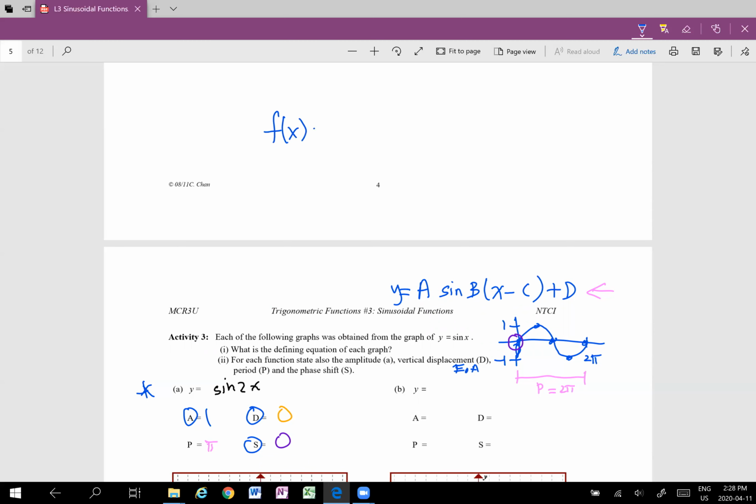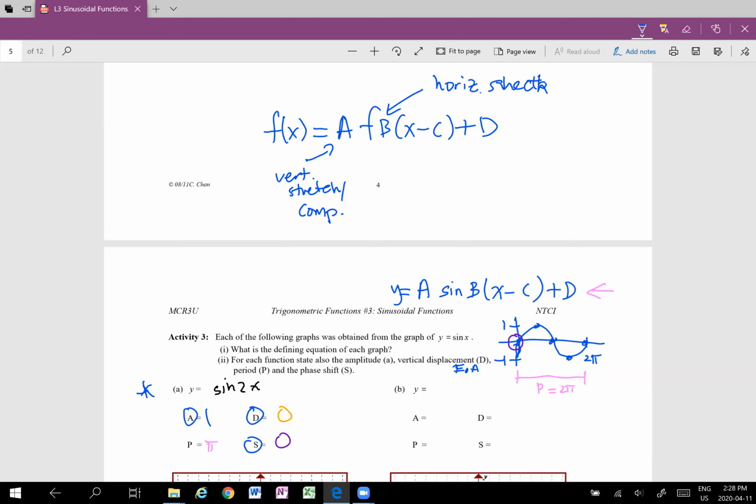You learned already from the transformation unit this generic form of the function notation, where A is the vertical stretch or compression, the B value is the horizontal stretch or compression.